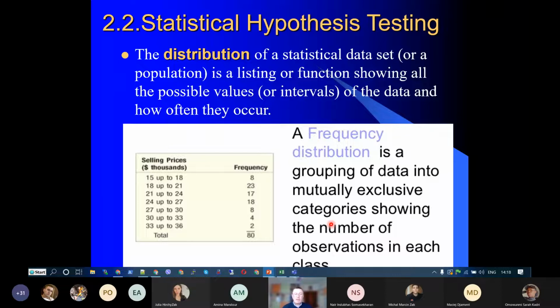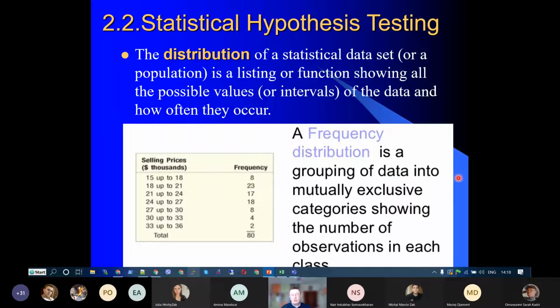Distribution of statistical data sets, population is a listing or function showing all possible values or intervals of data and how often they occur. So here we have a range of data and how often we have real occurrences inside this given range.